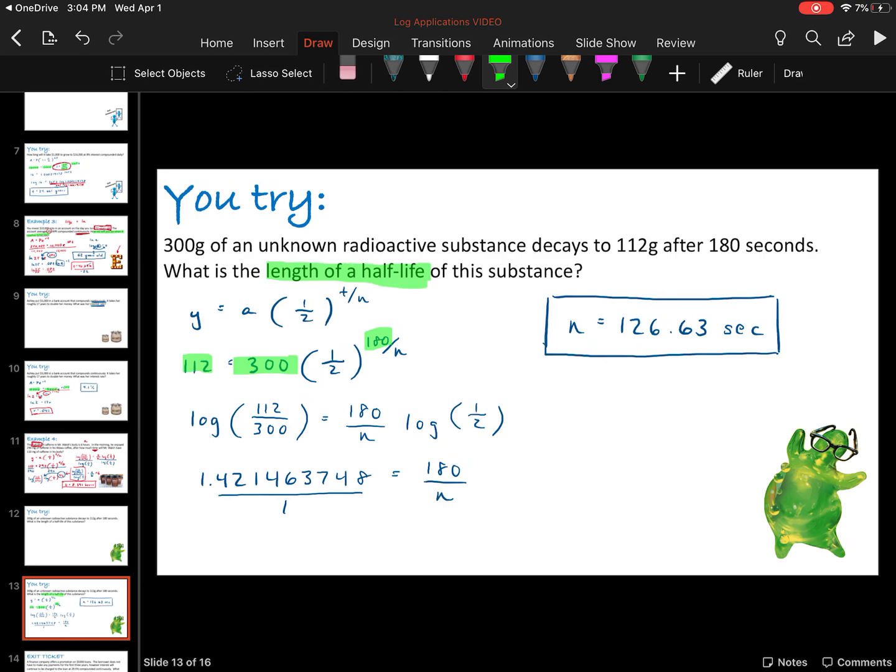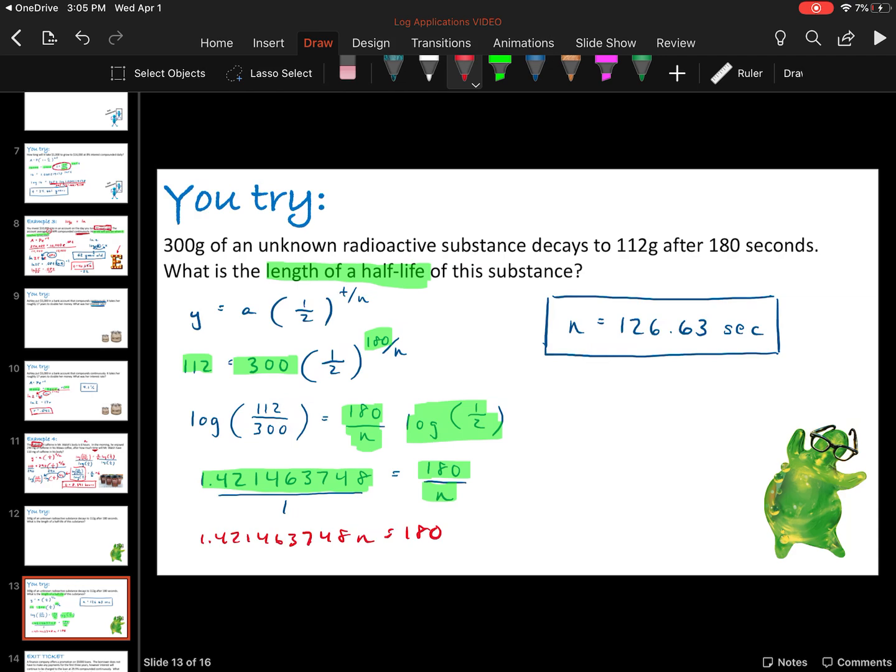So you are going to divide by 300 on both sides. Take the log of both sides. When you do that, the 180 over N comes out front. Divide by log of 1/2 on both sides. And once you divide by that on both sides, you end up with this equals 180 over N. To solve that, multiply both sides by N, so you get 1.421463748 N equals 180.